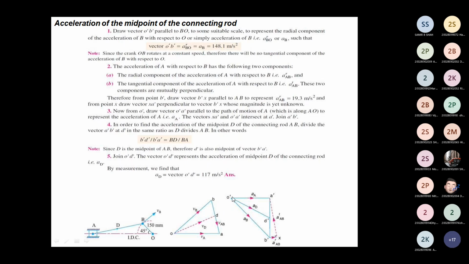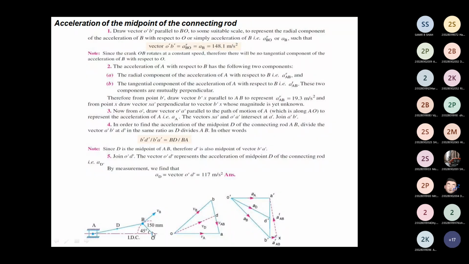This is considered as the O dash point. Now you can see OB. We know very well that from the acceleration point of view, the radial part is either parallel to the space diagram or perpendicular to the velocity diagram.